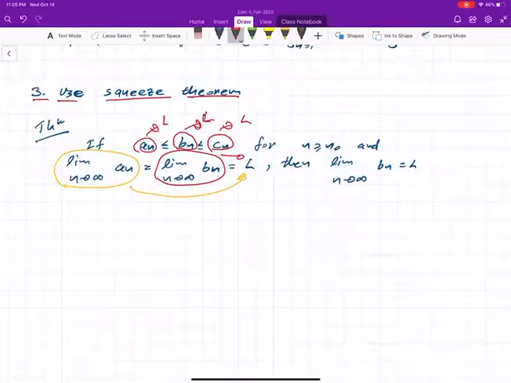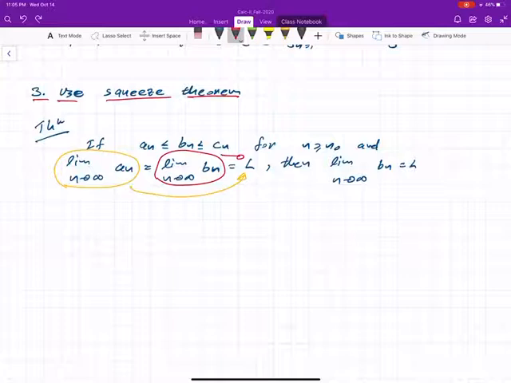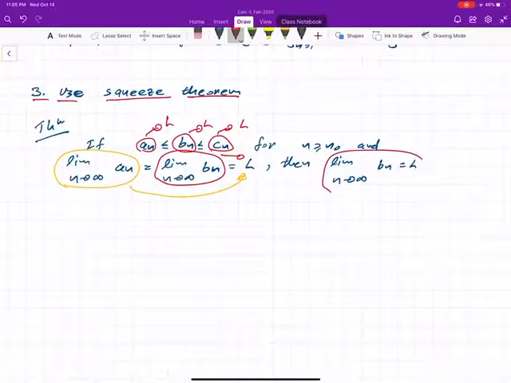It should also go to L. I'm explaining it again. There are three sequences. One sequence is in the middle, and the other one is less than that, the other one is greater than that. So the limit of that one goes to L, the limit of this one goes to L, and the limit of the middle one should also go to L. Which is a very easy theorem.